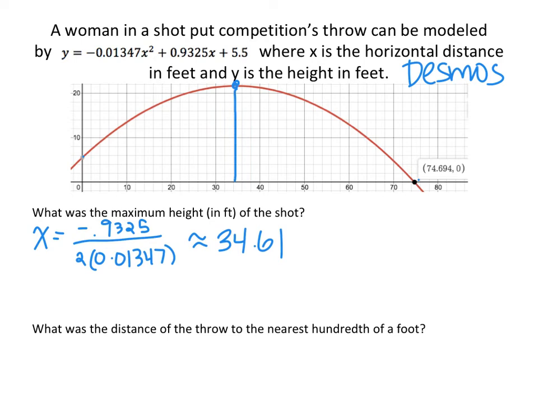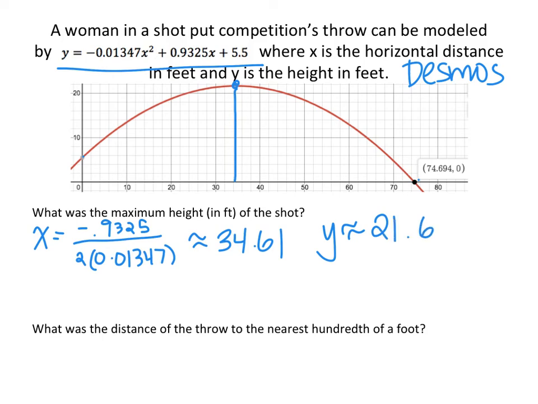From there, I'm able to plug it into the original equation. y is equal to that, and instead of x, I'm going to put in 34.61. Using the calculator, I can find out that y is approximately 21.6.